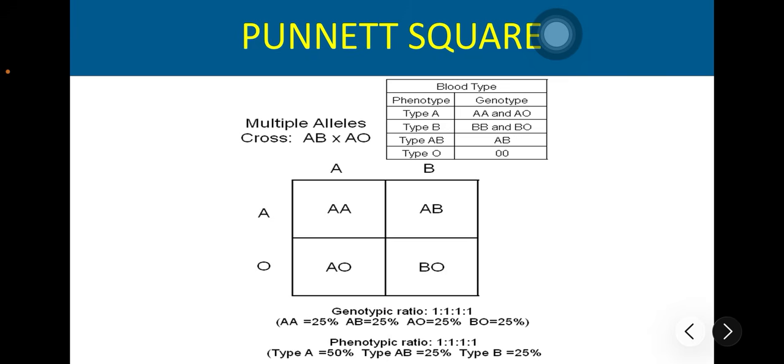So the result could show a 50% chance of the child having the big D and the small d, which will become RH positive, and also a 50% chance that the child will be small d homozygous, which will result in an RH negative blood type.